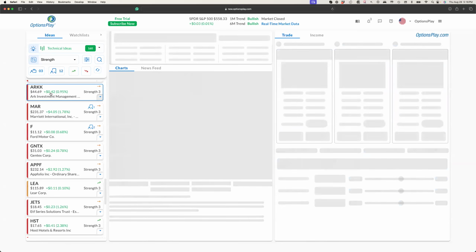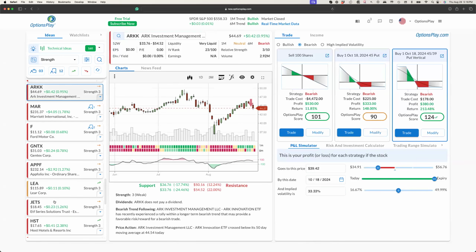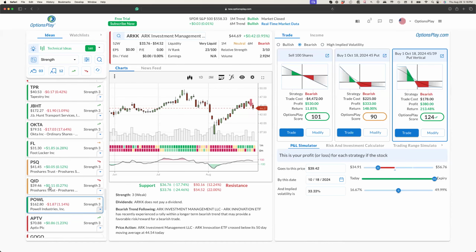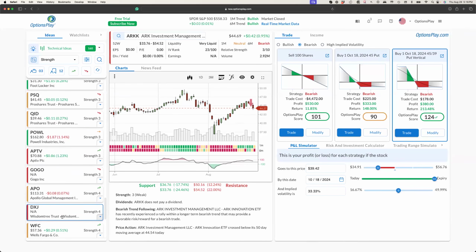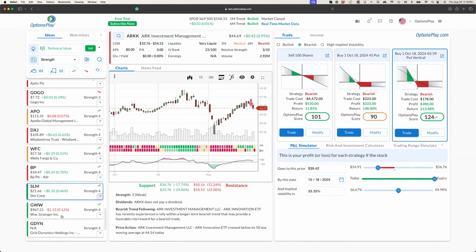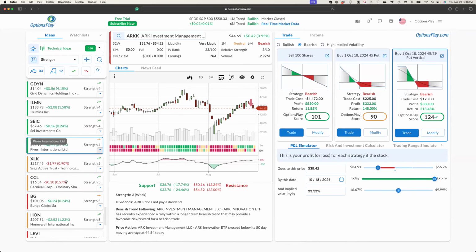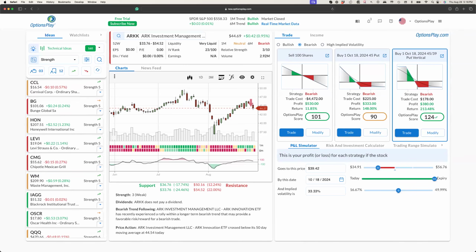That's an ETF, so this covers both ETFs and stocks. ARK is one, JETS is another one. There are definitely ETFs, PSQ, QID. These are all ETFs that you can trade. DJX, yeah. XLK, as you can see, there are lots of ETFs in this list as well.